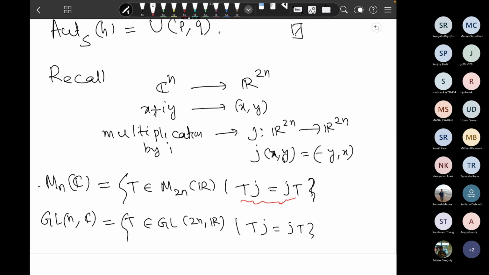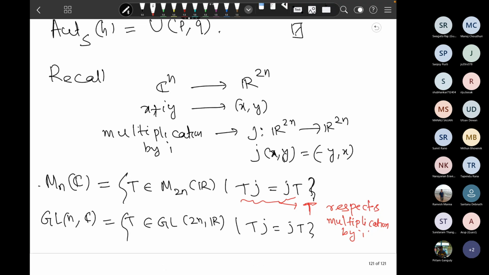That is only this condition: T respects the multiplication by i. Okay, this much I have shown. So T belongs to MnC if T is a real linear map on R2n, and T respects multiplication by i. This much we have seen.